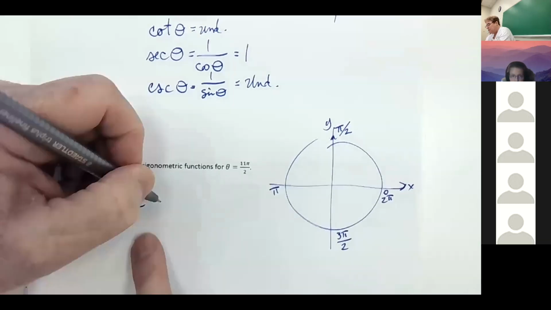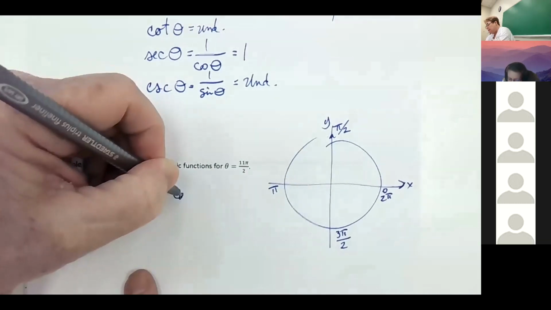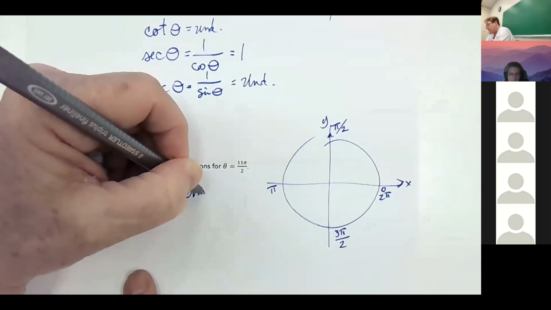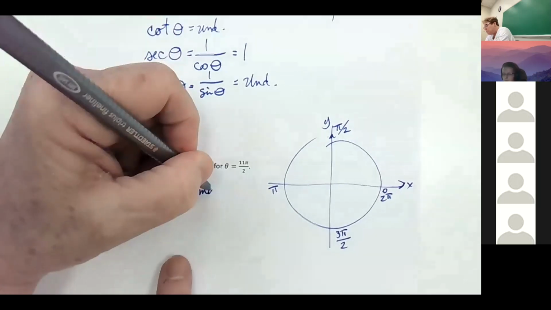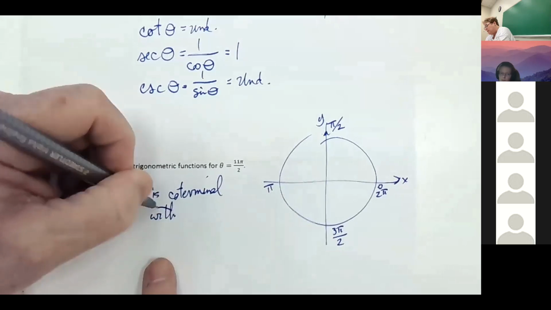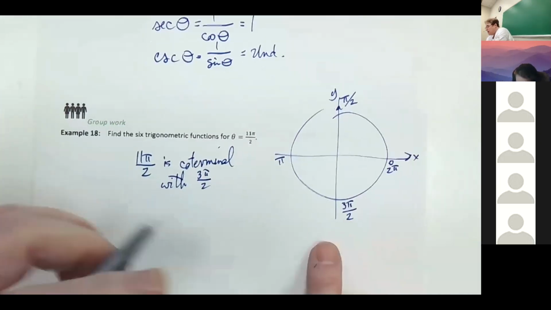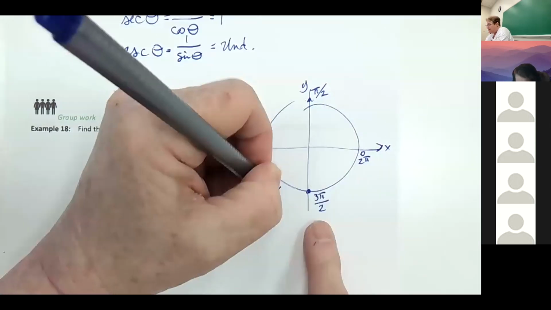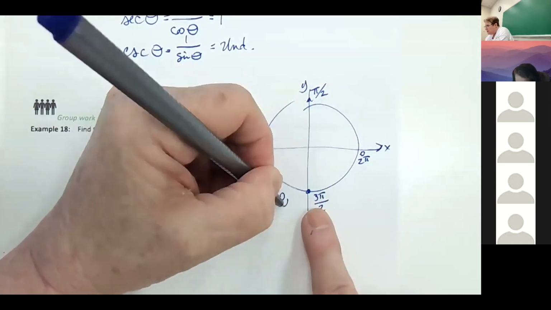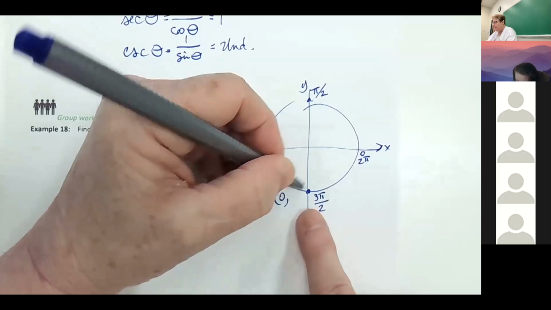So 11 pi over 2 is coterminal with 3 pi over 2. So I know the coordinates of that point. X is 0, y is -1.